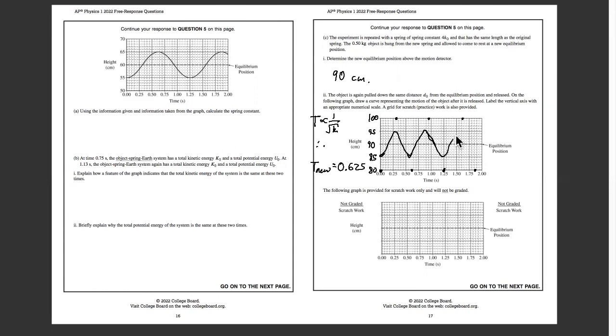I apologize about this, but hopefully it makes sense. You see that there are more oscillations because it has a shorter period. Period goes down because spring constant goes up. And in addition to that, you're still going to see a similar type of function, but with different values now as well. And I think that's how the graph should look.